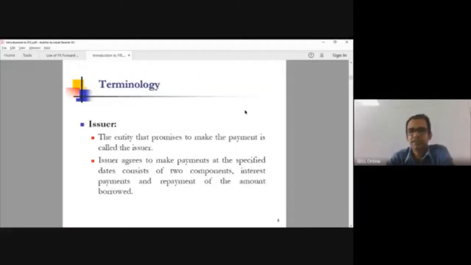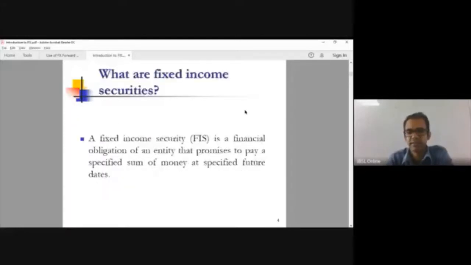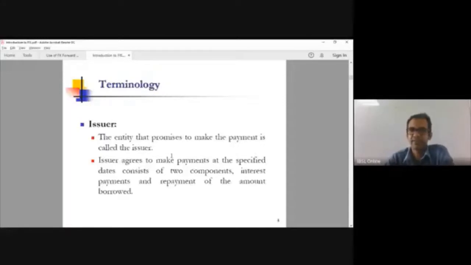So the first one is the issuer. We call them issuer. According to this definition, it is an obligation of an entity. That becomes an obligation because that entity borrows money by issuing this security. Therefore, we call them the issuer, borrower. Same thing.